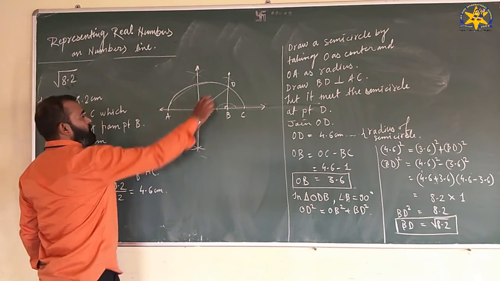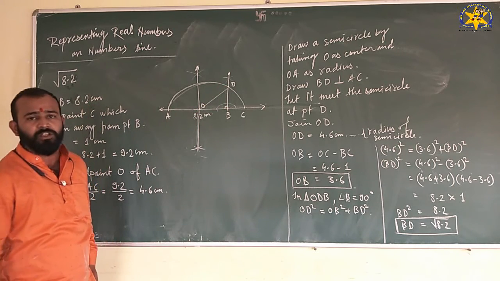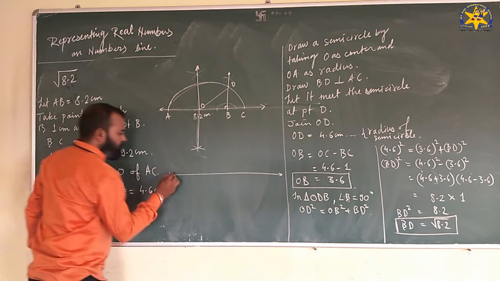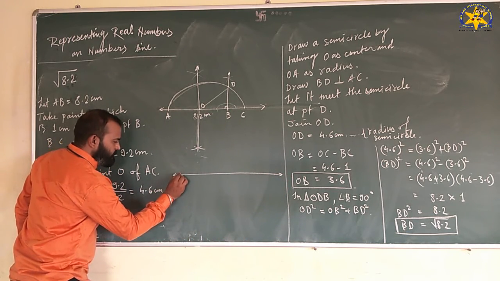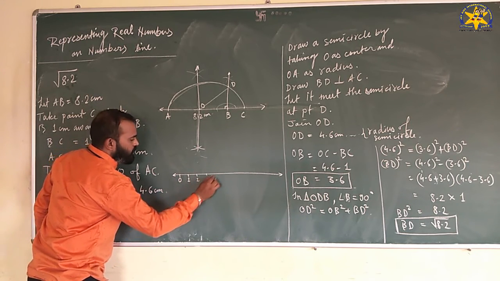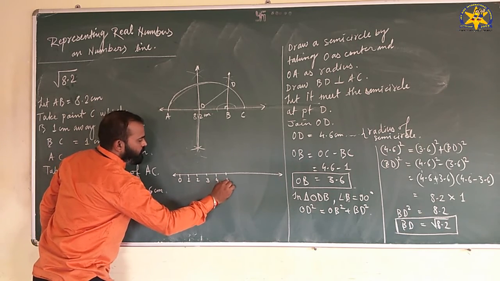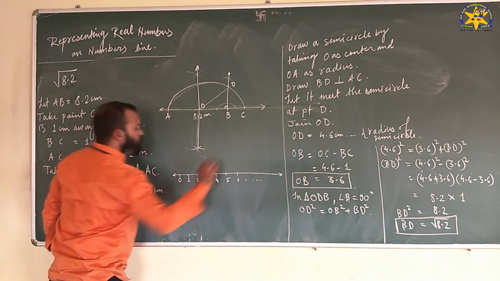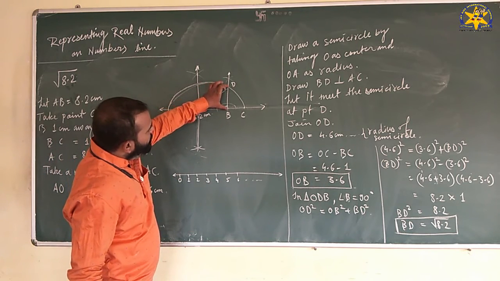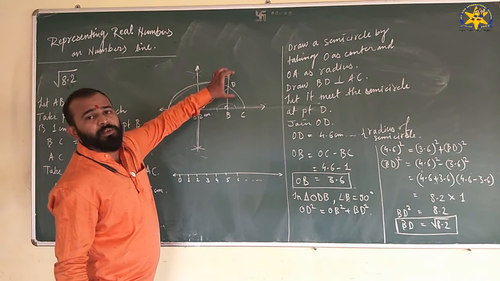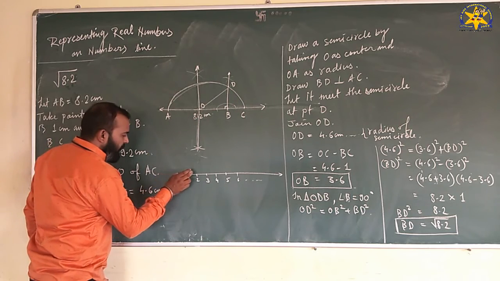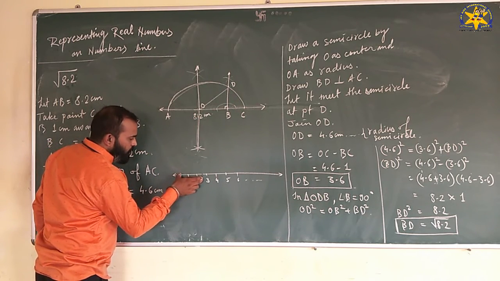Now BD is root 8.2, but we have to represent it on the number line. So draw a number line. 0, 1, 2, 3, 4, 5, 6 and so on. We know that BD is root 8.2. इतना डिस्टेंस अपने को नंबर लाइन में प्लॉट करना है. So take this distance, ठीक है, यहाँ पे and draw an arc.